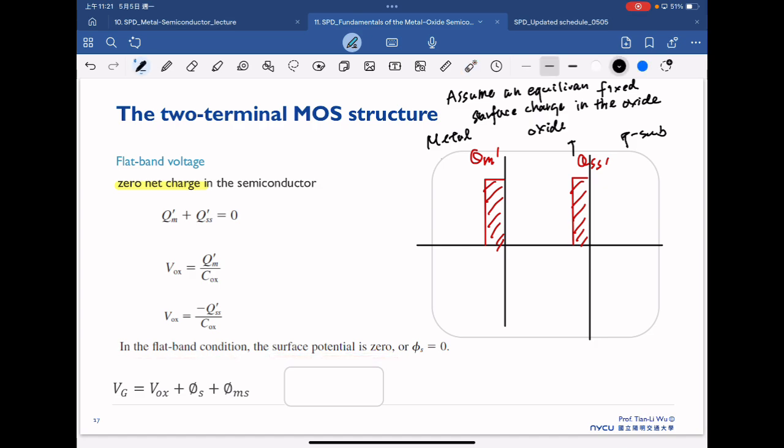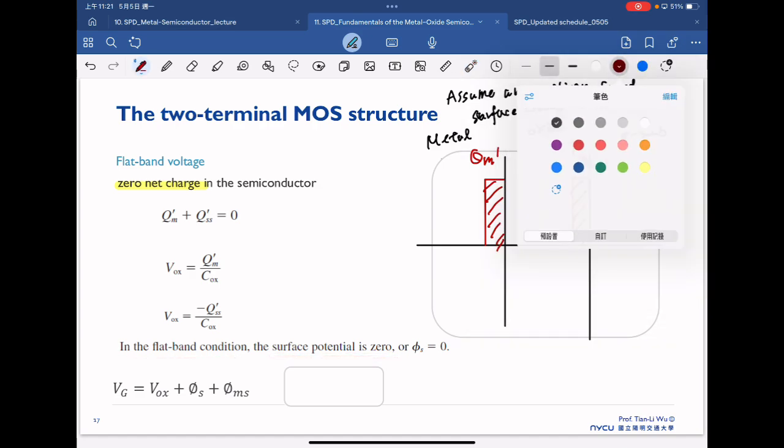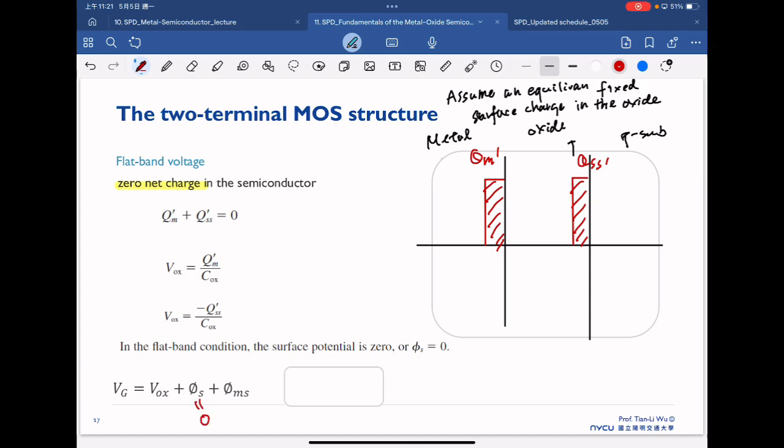So in this case, this is equal to 0, and this is equal to minus Q_SS prime over C_ox. So therefore, V_FB is equal to phi_ms minus Q_SS prime over C_ox.